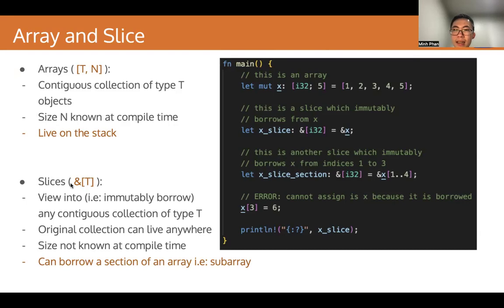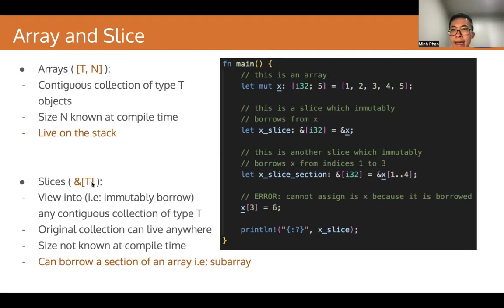What are slices? Suppose you want to get a subarray, that is a section of an array, and you want to borrow from it. Well, slices allow you to do just that. They allow you to view into or immutably borrow any contiguous collection of type T. Hence the type signature here.